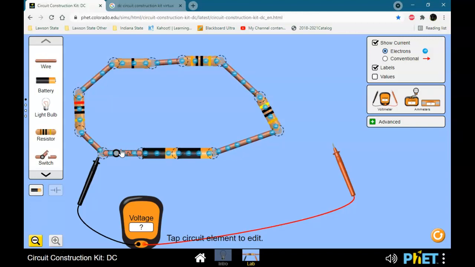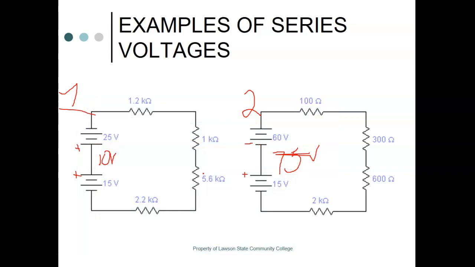All right, so when we're talking about series aiding versus series opposing, it might be that you only have two voltage sources, but they are uneven voltage sources, and you don't need as much voltage as either of them provides. In this case, you had, let's say, a 25 and a 15, but you only need 10.